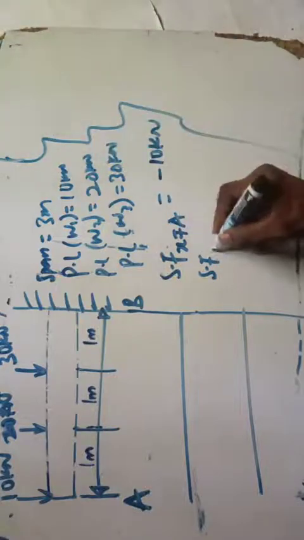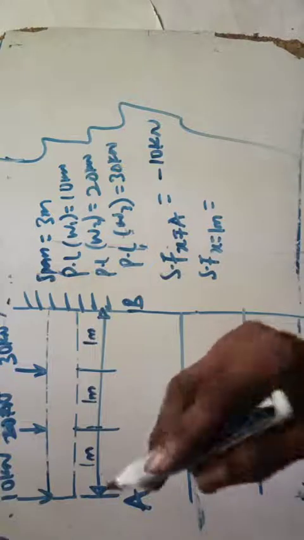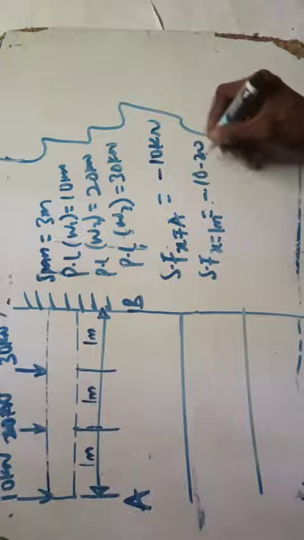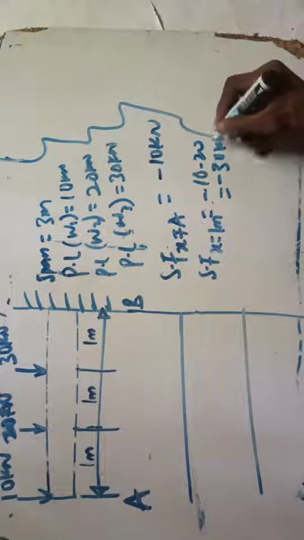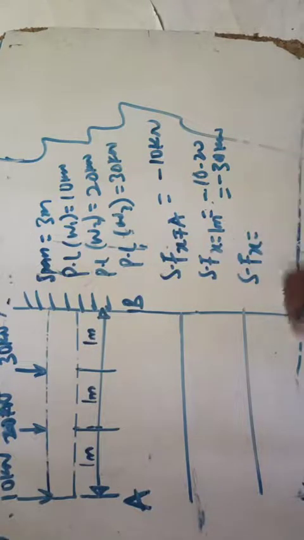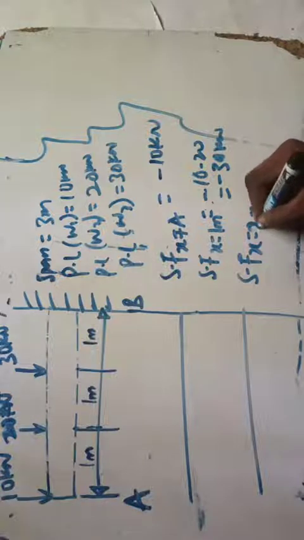So shear force when x equals 1 meter, you have minus 10 minus 20. That is minus 30 kilonewton. You can also plot your table if you want. x equals 2. Yeah, you can plot your table. So x equals 2 meter.